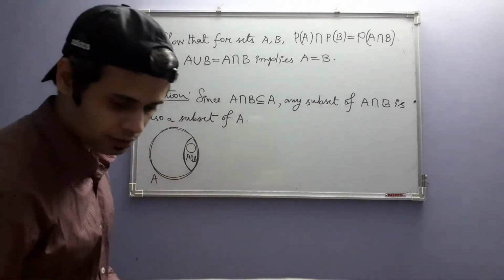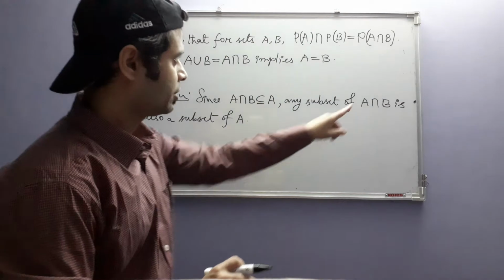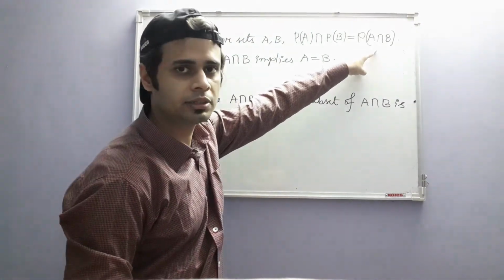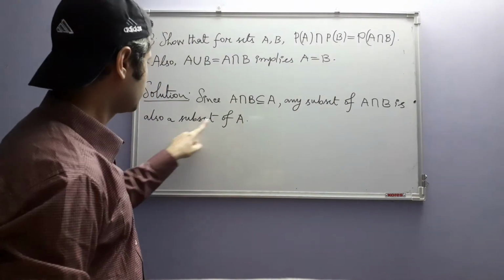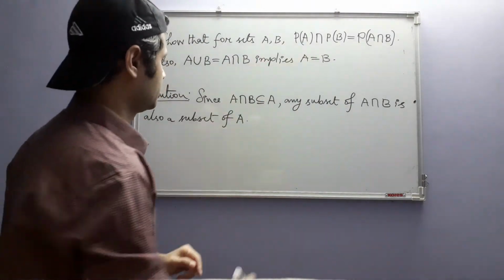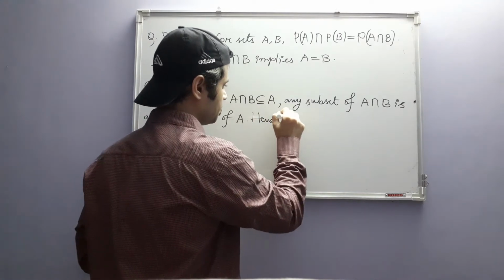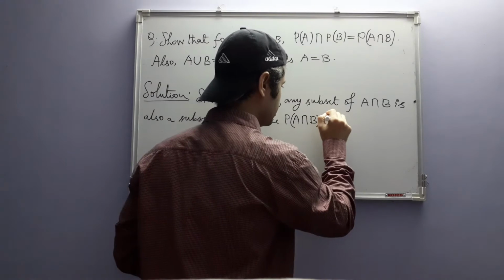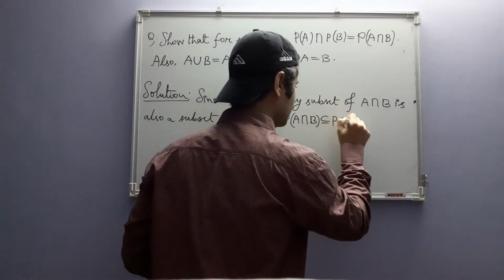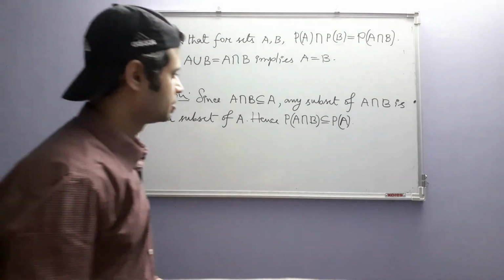So any subset of A intersection B is an element in the power set of this set, and any subset of A is here. Hence, P(A intersection B) is a subset of P(A). We have obtained this.